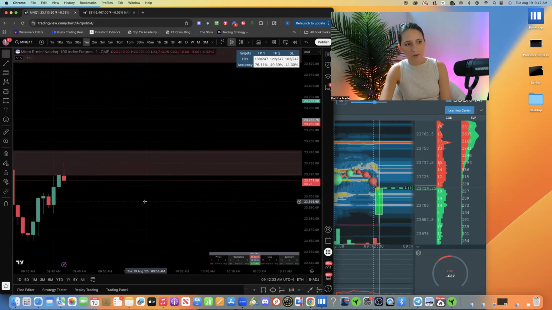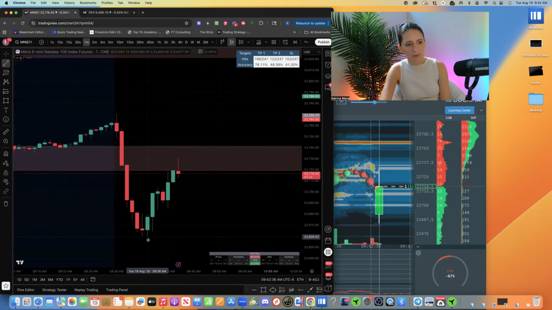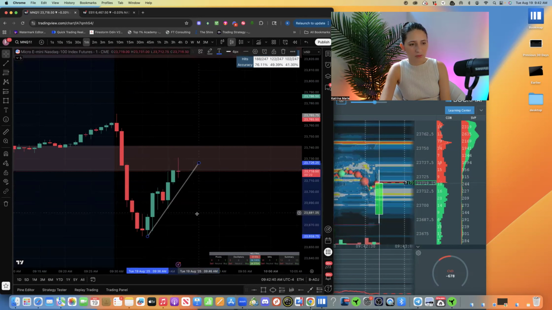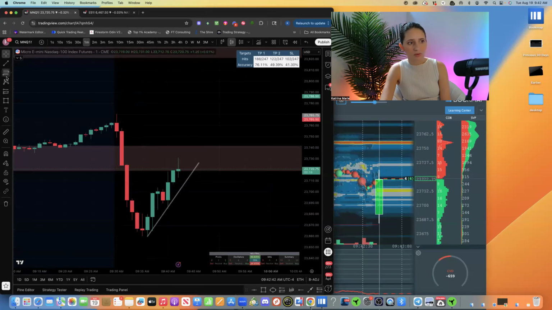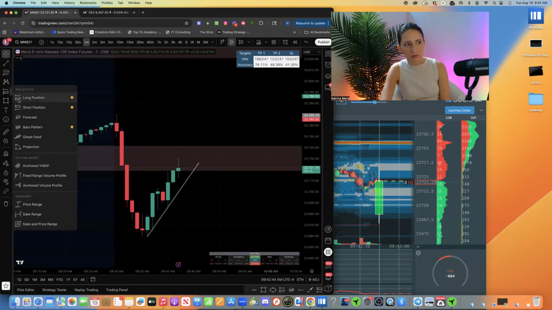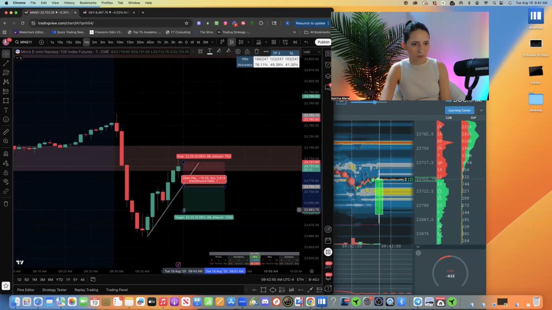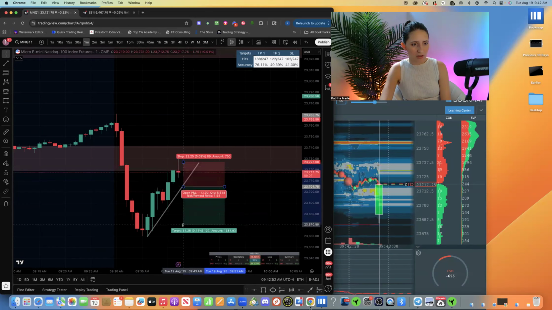And you have quite the trend line. Trend line break situation. Tap back down into this area once more.